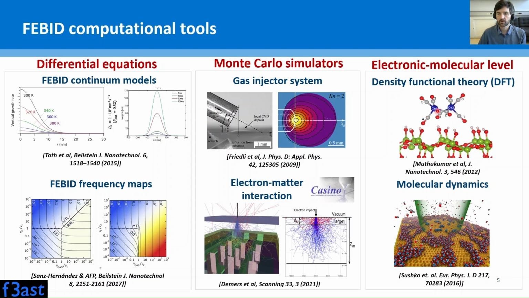So when gas molecules, for instance, get adsorbed in particular substrates with particular radicals, what type of chemical bonds are created and what type of interaction these are created, the type of configuration that these molecules take during the adsorption, giving, for instance, as a result, autocatalytic effects, which are very important if I want to have a highly metallic material at the end, etc. So this has been done on the density functional theory level and also on the molecular dynamic level. Again, this is something that we are not using in f3ast. In f3ast, the only thing that we are using is the Febit continuum model, as I will show you later.